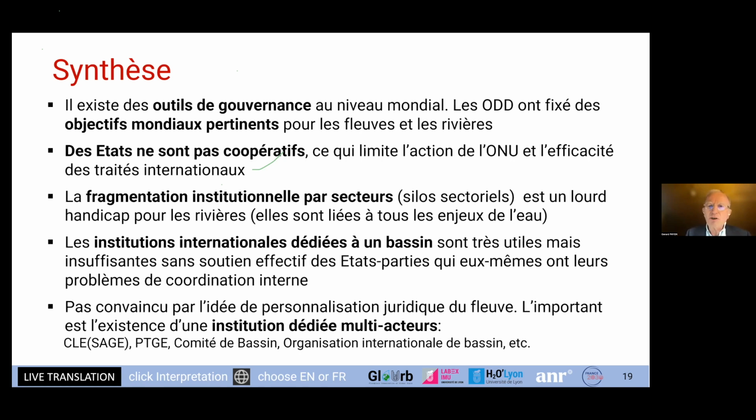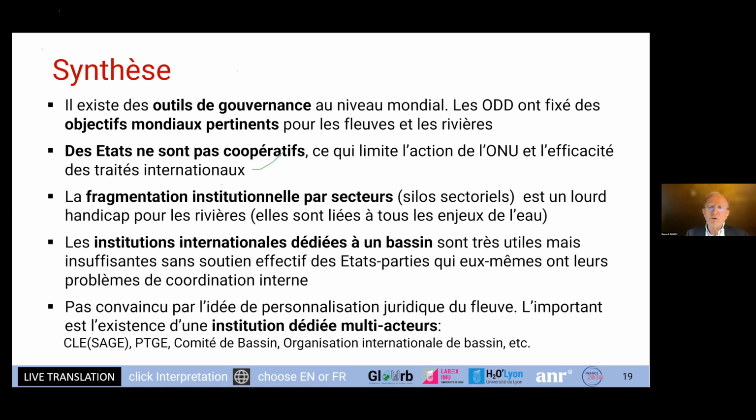Unfortunately, not all states are cooperating, which limits the amount of action that the UN and international treaties can do. So there are international institutions dedicated to basins. They're very useful, but we need states and parties to be active and do things, otherwise they don't work.